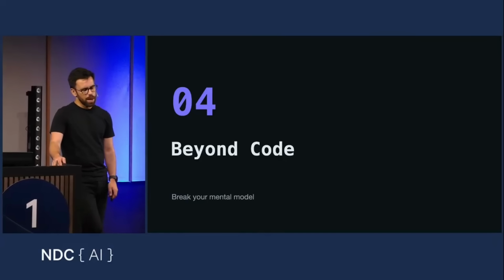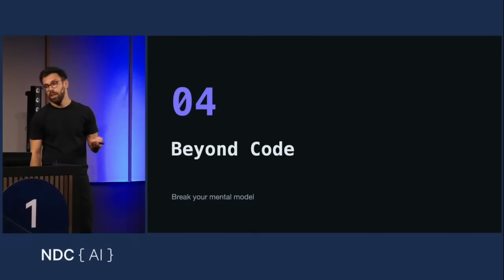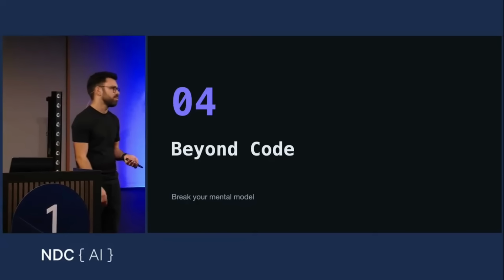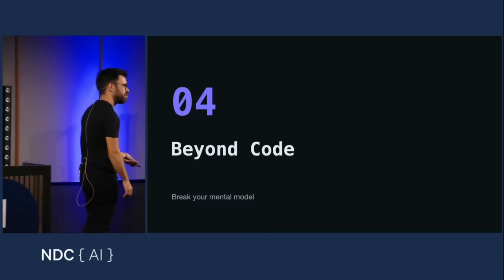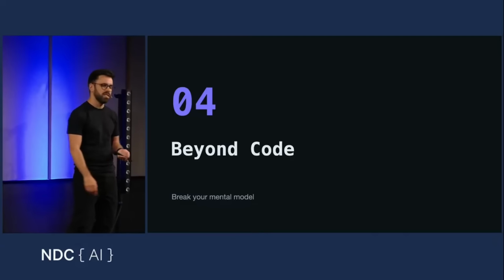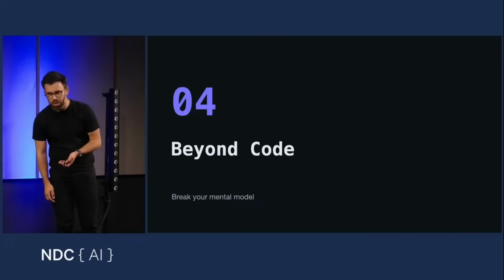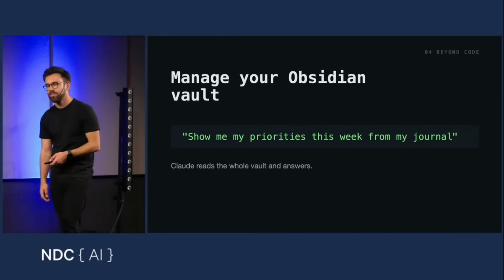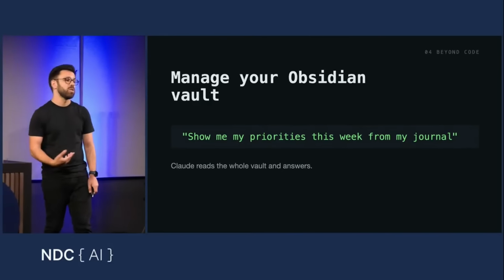Recently, I was looking at my notes, and I thought, wait, this Obsidian thing is basically an application on top of Markdown files. Markdown files that are on my machine. AI loves Markdown files. Claude likes files on my machine. So why not use both together? So now I have my vault with my notes.